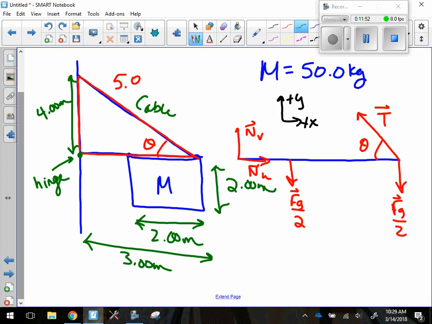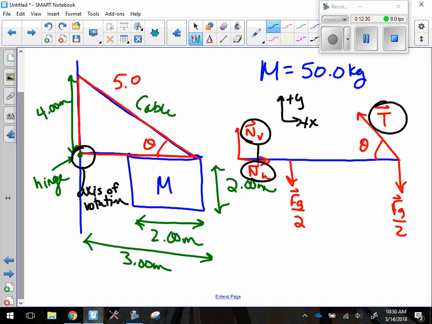Okay, so if we put the axis of rotation here at the hinge, then both the torques due to the vertical component of the normal force and the horizontal component of the normal force will be 0, right? These two things cannot have a torque on that point because what's their moment arm? 0. All right, and it's like pushing or pulling on the hinge. You know that doesn't work. It's not going to turn anything. So like Casey said, that means that the only unknown I'm going to have is the torque.